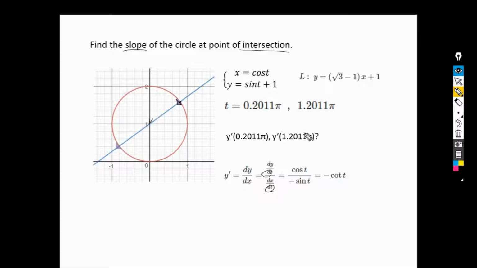And dy/dt becomes cosine t, and dx/dt becomes minus sine t, which gives us the negative cotangent t.